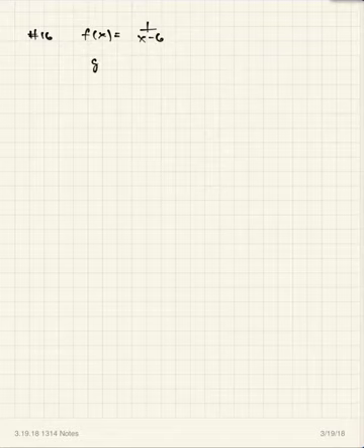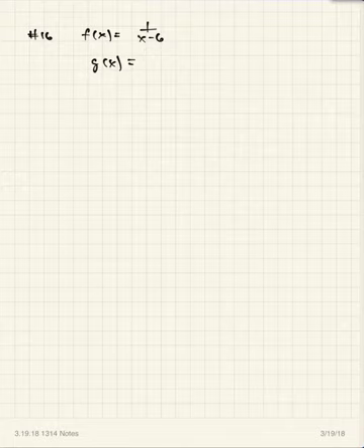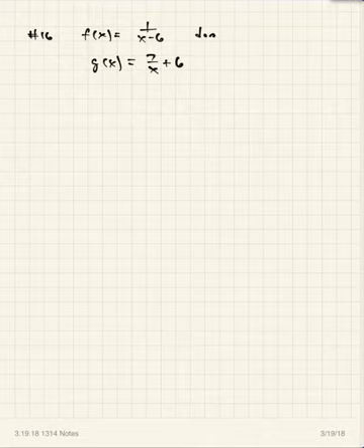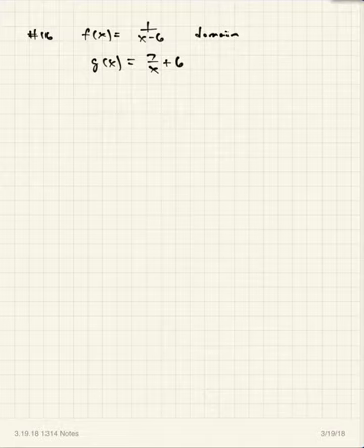So I've got f is 1 over x minus 6, and g is 7 over x plus 6, like this. Now those both are rational functions. They both have fractions in there. And we've talked about the fact that when you have a fraction, the denominator can't be 0. So the domain on the first one is that x can't be 6, right?